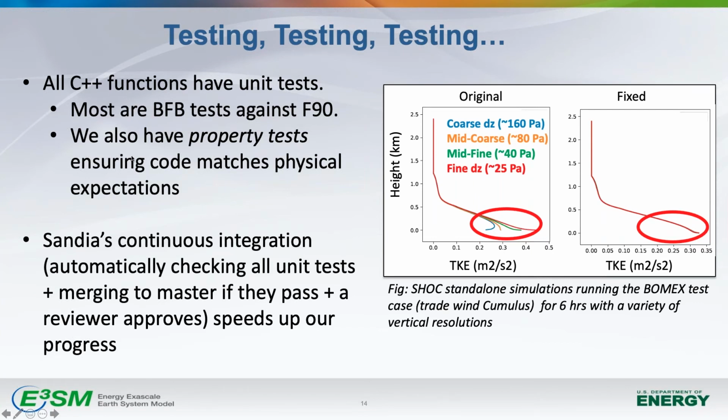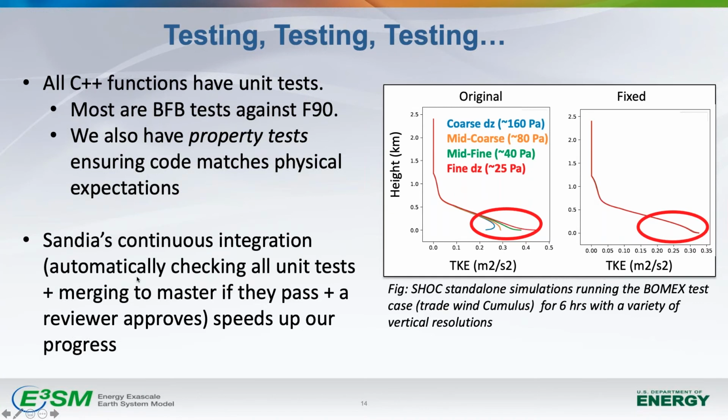But the thing that we're more excited about are property tests: making sure that the process is conserving, that it's within the bounds you expect, that it's doing things right in limiting cases, and so on. The graphic on the right-hand side is an example where, by doing vertical convergence testing, we were able to find a couple of different bugs in the SHOC parameterization that we were able to fix.